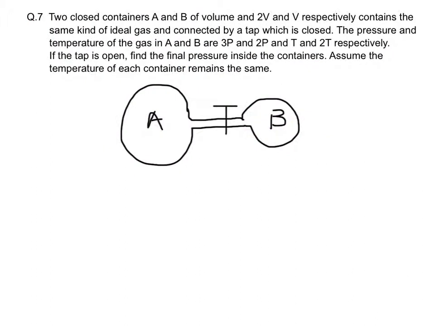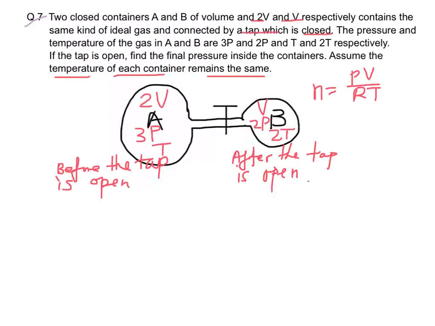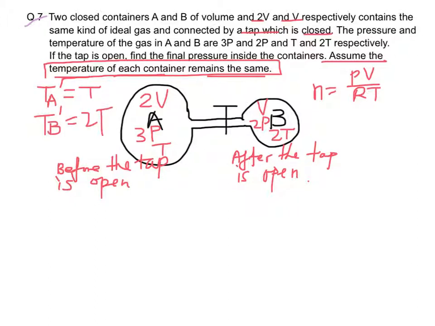Now study question number 7. This question is similar to that of question number 6, except that the temperature of each container remains the same when the tap is open. That means T'A equal to T and T'B equal to 2T.